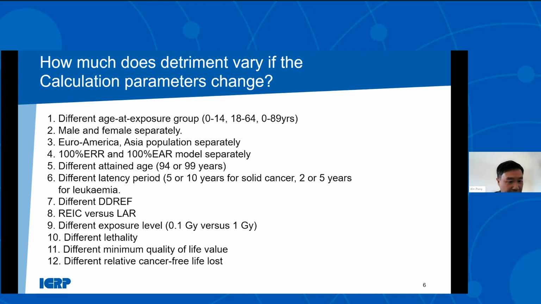We are also using different lethality values, different minimum quality of life values, and different relative cancer-free life lost. The alternative value or condition was applied one at a time to examine the impact of each parameter on the radiation detriment. It was not a comprehensive uncertainty assessment, but it is illustrative of the potential impact of the various factors involved in the calculation of radiation detriment.